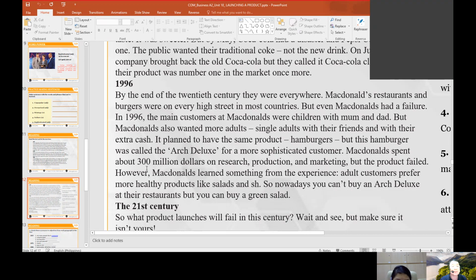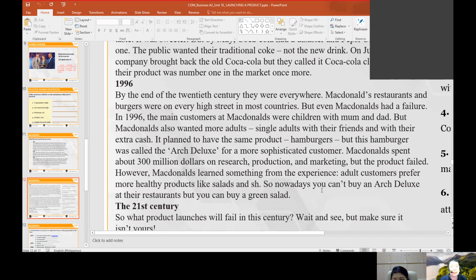McDonald's spent about $300 million on research, production, and marketing, but the product failed. However, McDonald's learned something from the experience: customers prefer more healthy products like salads.